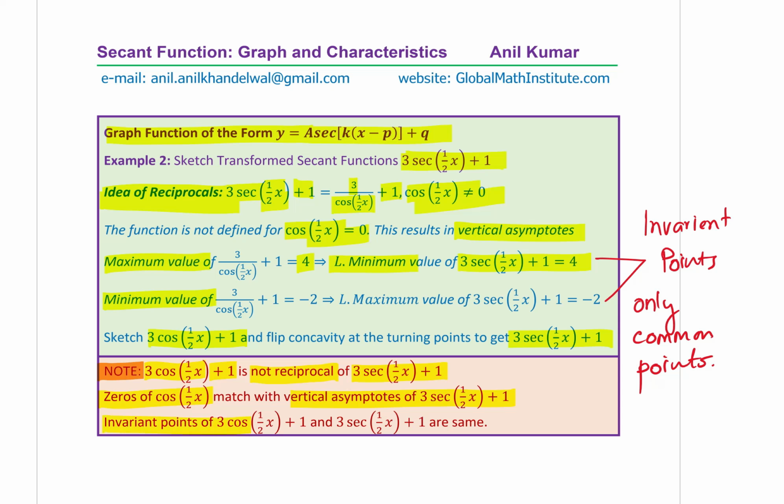And then the invariant points of 3 cos half x plus 1 are the same as those of 3 secant half x plus 1. Now, these are very critical things to understand when we talk about the idea of reciprocals, correct?